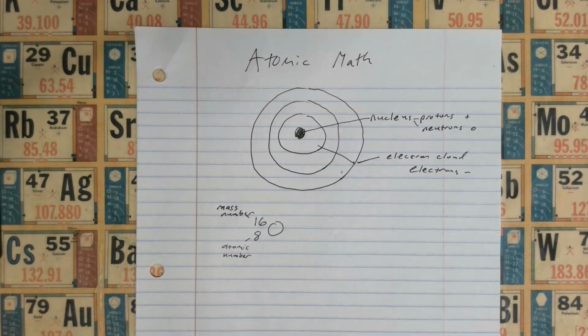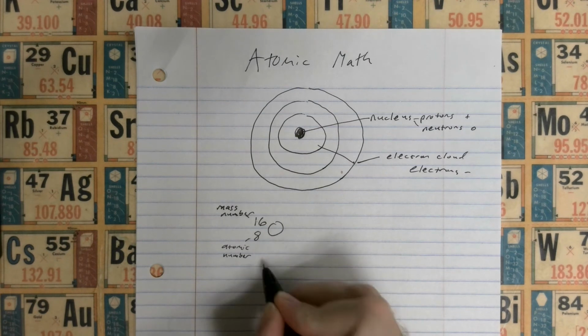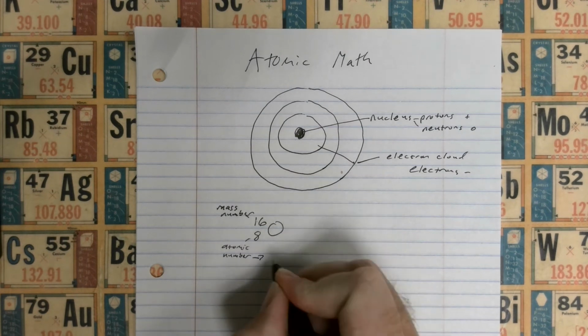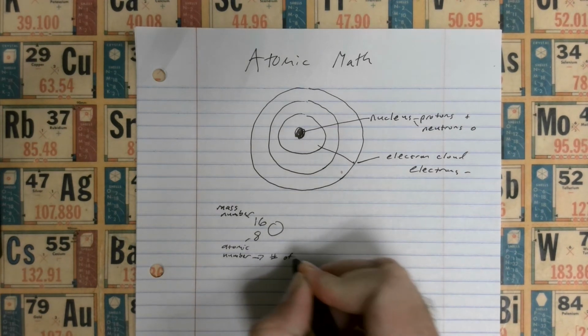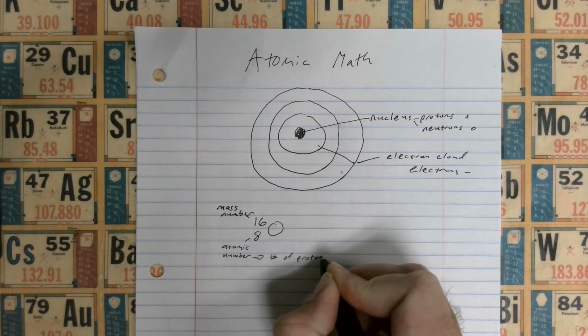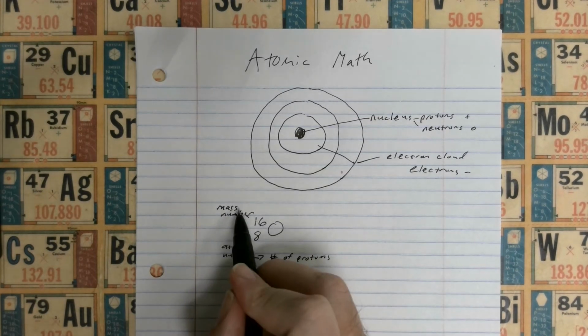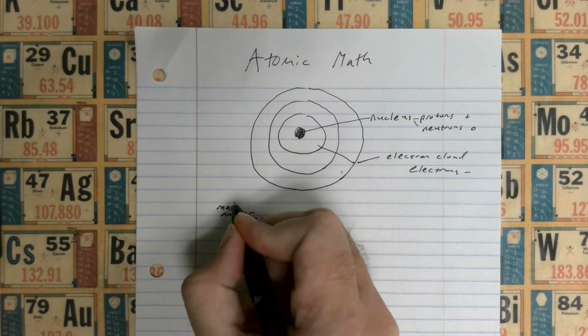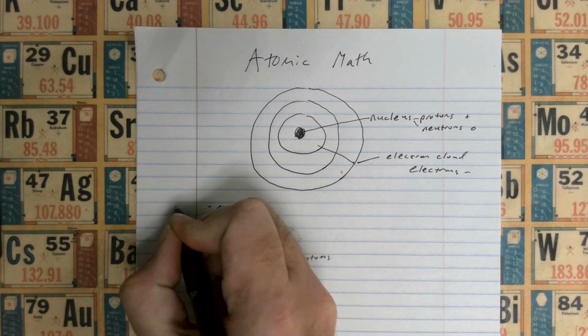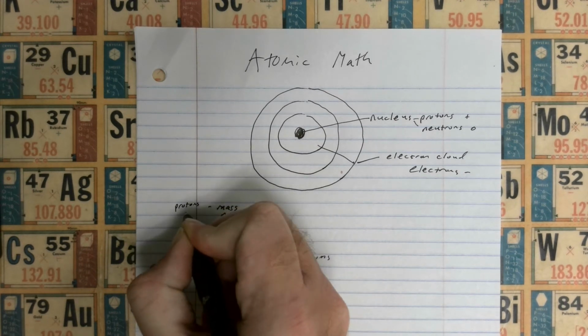On the periodic table, the atomic number is the big whole number. The atomic number will tell you the number of protons. The mass number will tell you protons plus neutrons.